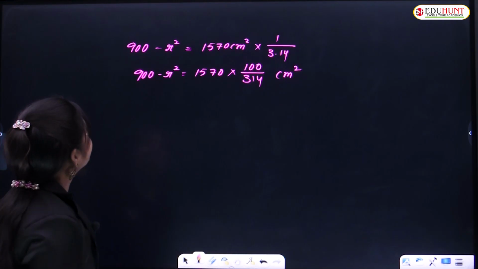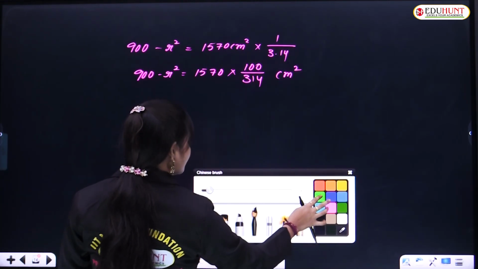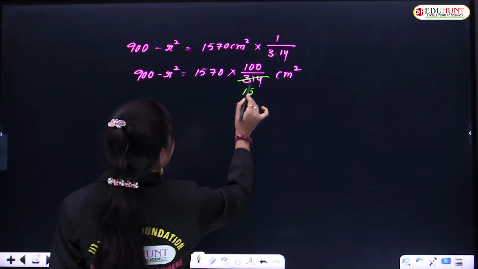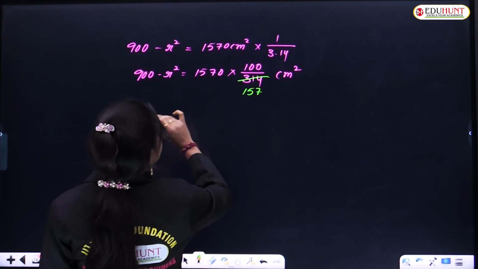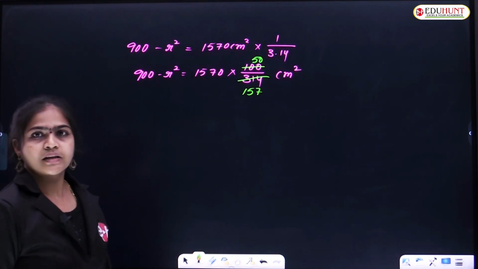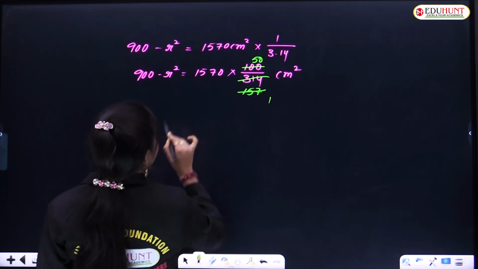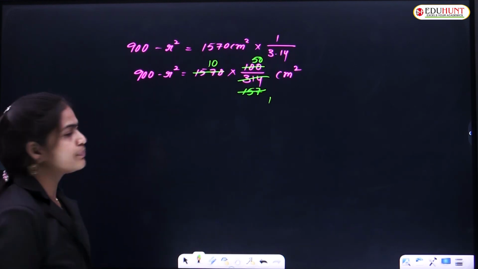Now by taking common factors: 2 fives are 10, 2 sevens are 14, 157 ones are 157, 157 tens are 1570.